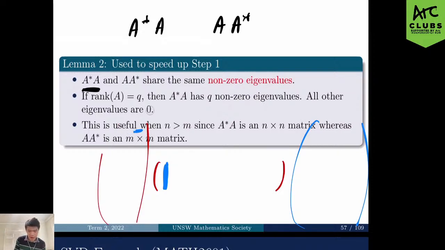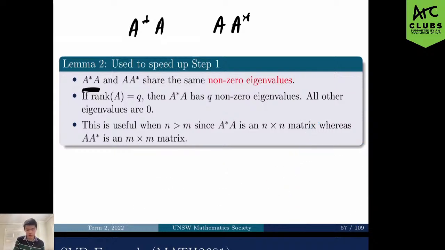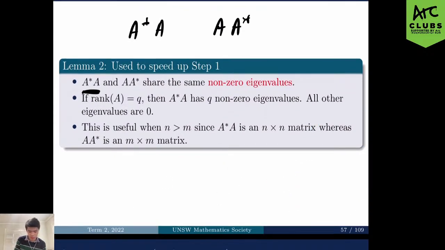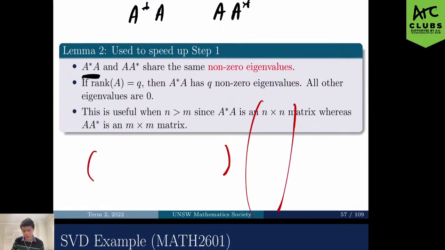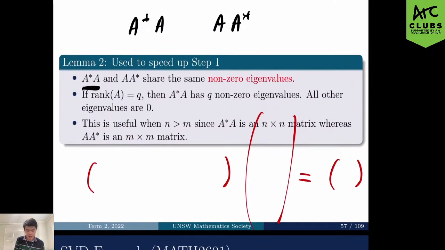So instead, if n is far greater than m, then what we do is we reverse it. We do it in the opposite order. So instead we do this, and that way we actually end up with a very small matrix. Okay? And that's a lot easier to calculate the eigenvalues for. So what this lemma tells us is that if we swap it around, instead of doing A transpose A, we do A A transpose, then you'll get the same non-zero eigenvalues, and all the remaining eigenvalues will be equal to 0.